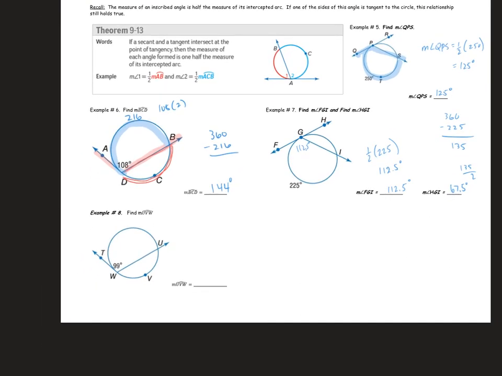Here I need to find the measure of arc UVW. Again, I got my central angle, or this inscribed angle, intercepted arc is what I need to find next. So the 99 times 2, that's going to give me the measure of arc UTW or UW.